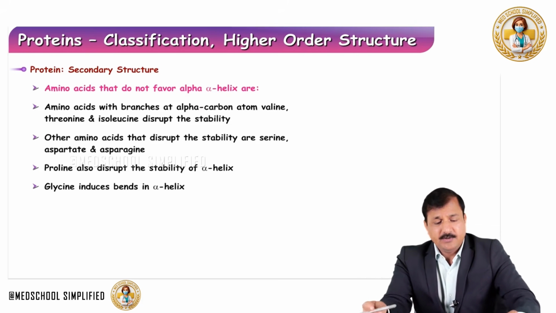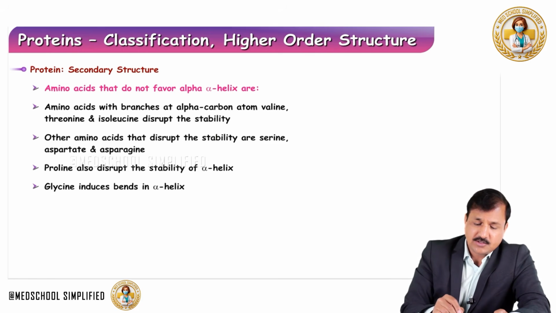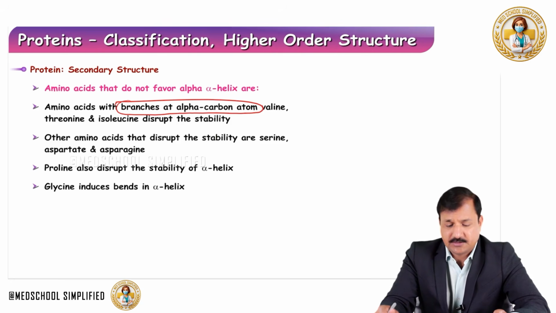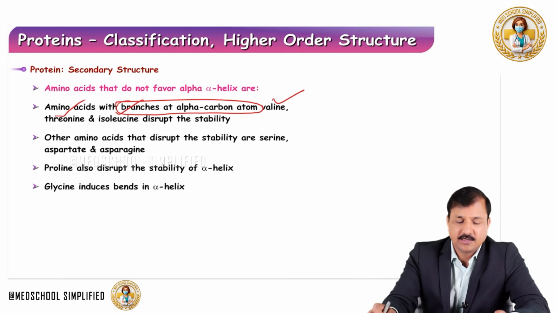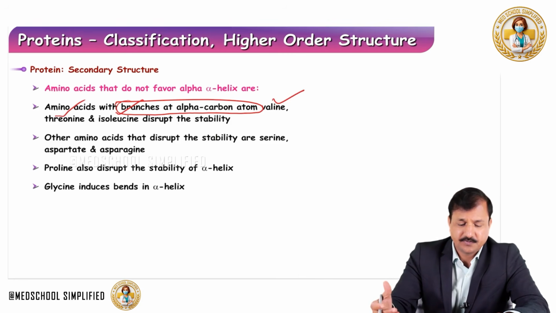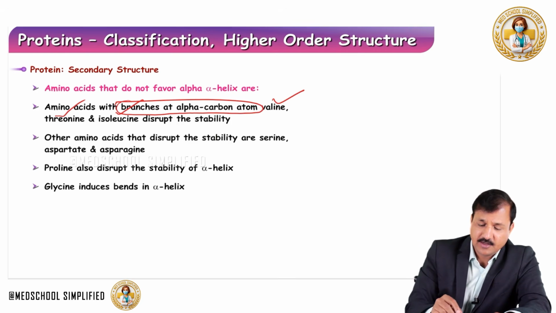Now, let's look at the amino acids that do not favor alpha helix. Amino acids with branches at the alpha carbon atom do not favor alpha helix formation. It's like valine, threonine, isoleucine. They all have those branches attached to the alpha carbon, so they should not be part of it. Basically, they will disrupt the stability of alpha helix.